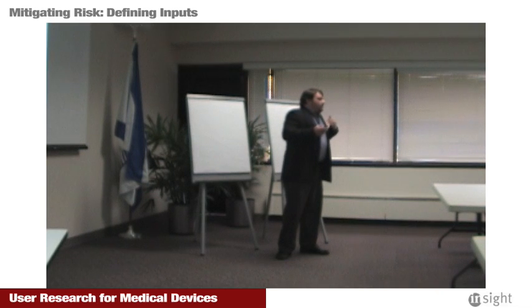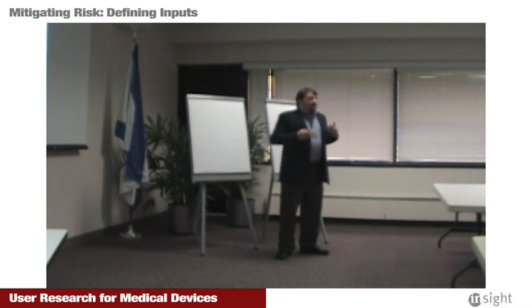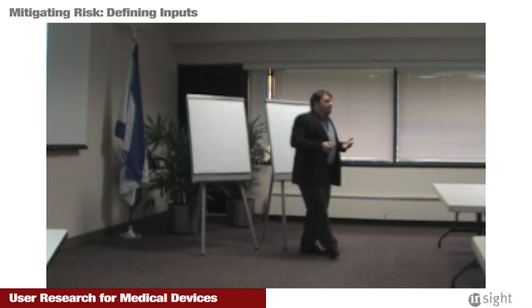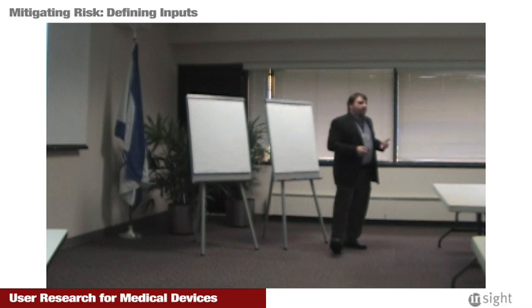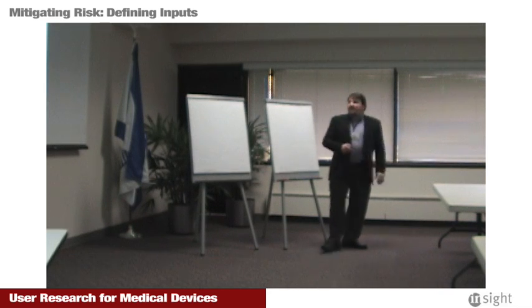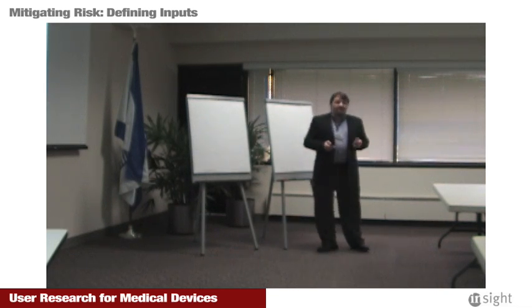So you need to understand requirements contextually in order to mitigate the risk of misinterpreting them, leading to potential design features or decisions that really don't have the desired impact that's going to be necessary for that product to succeed in the market.